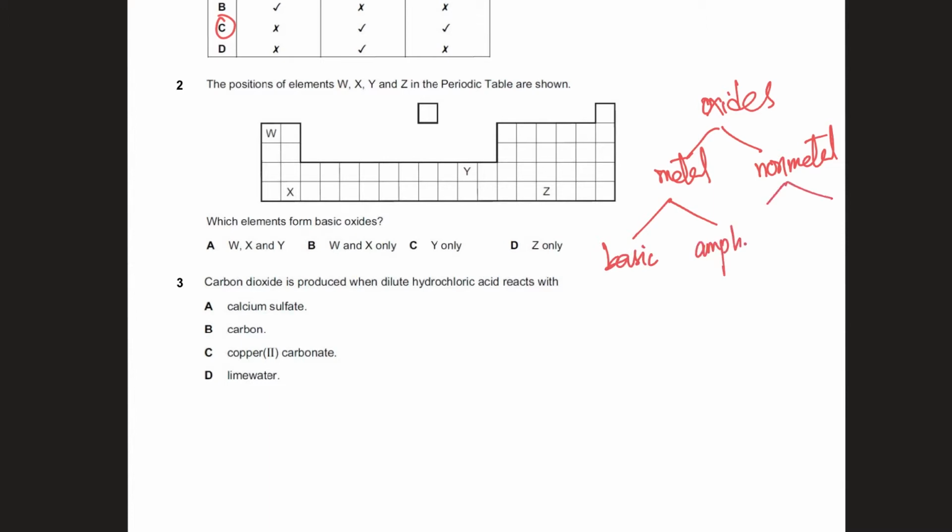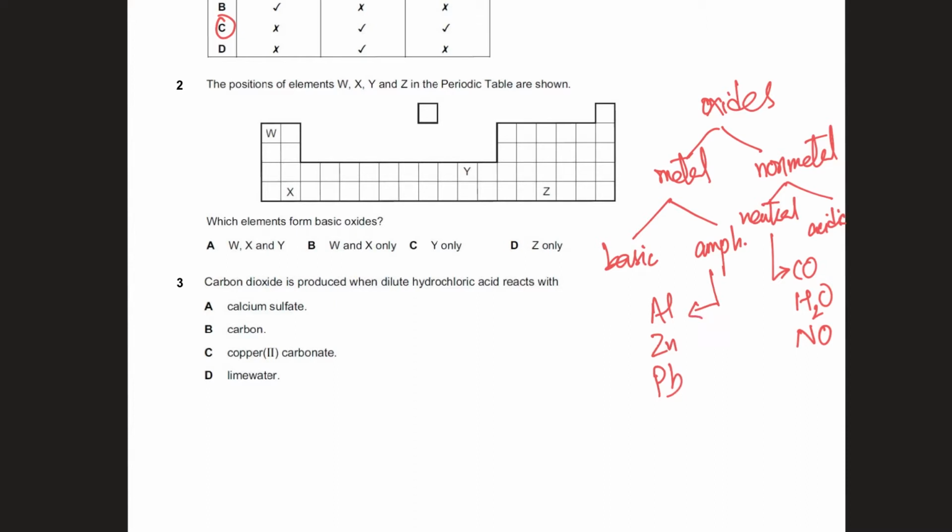And in the non-metal ones, you have neutral ones or you have the acidic ones. Now, most of them are acidic. There's only three that are neutral. So that's carbon monoxide, water, and nitrogen monoxide. Similarly, most of the metal oxides are basic, but there's three that are amphoteric, which are aluminium, zinc, and lead. These are the three ones you need to remember that they're amphoteric.